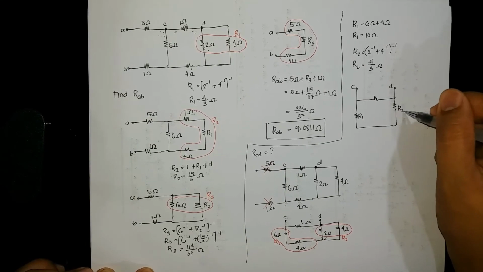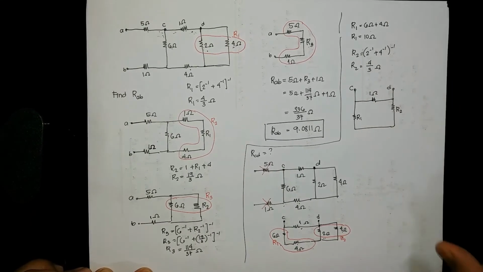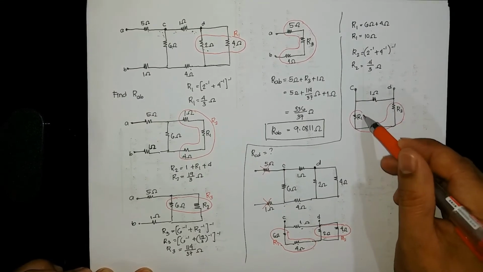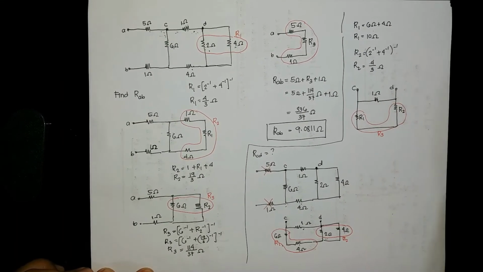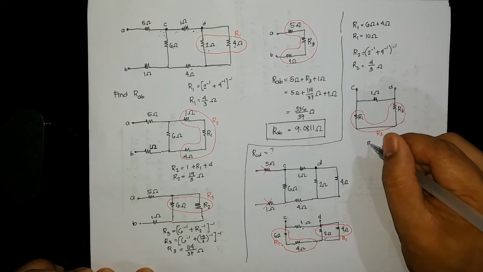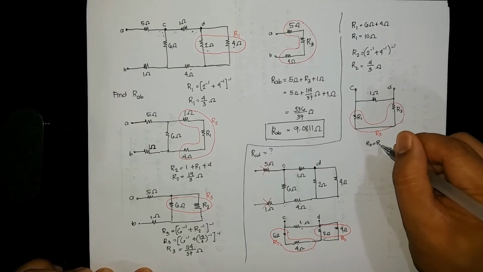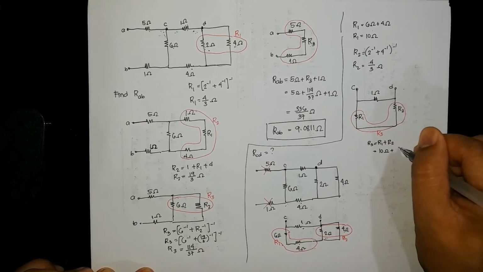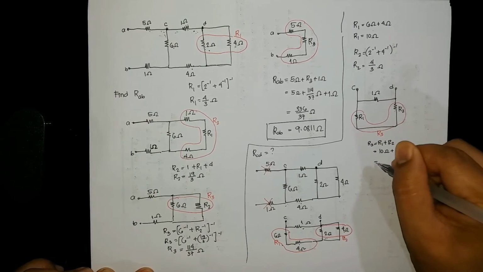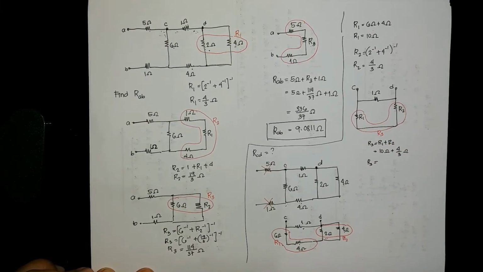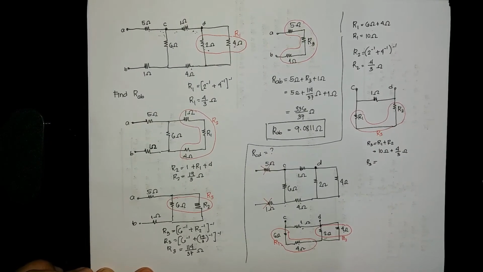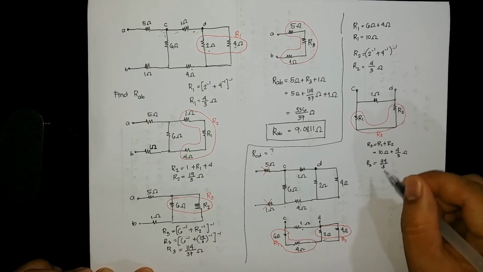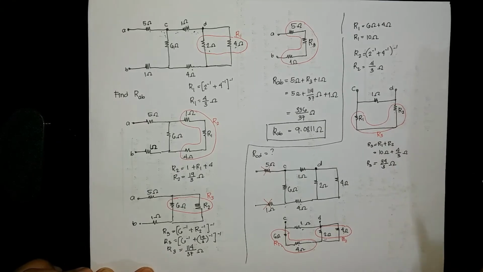This is your R2. This is your 1 ohm. So actually, R1 and R2 are now in series. So this is R3. To solve for R3, that is the series of R1 and R2. So the value is 10 ohms plus 4 over 3. Then R3 is how much? It's 34 over 3. That is your R3.